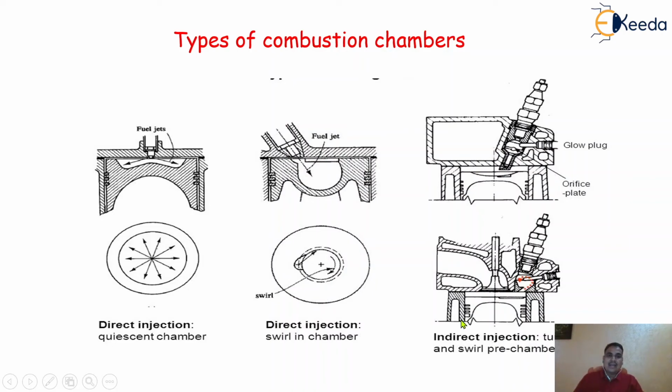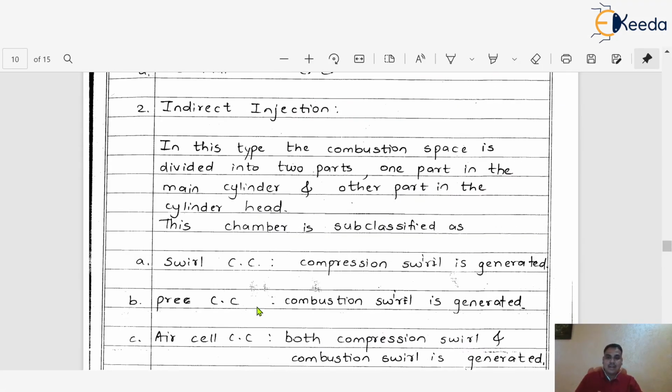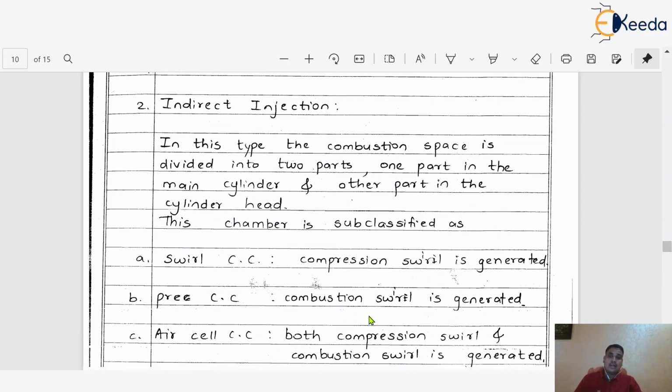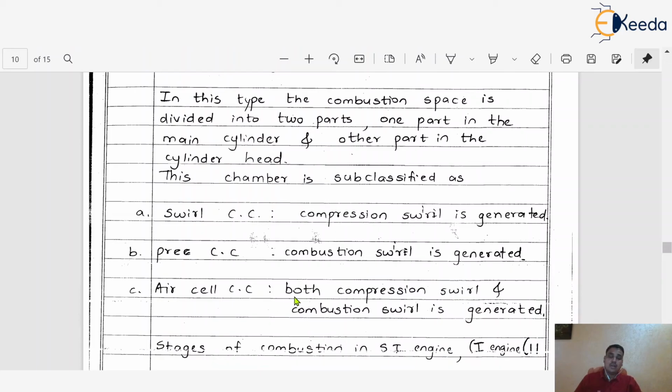Again, there are different types under this indirect combustion chamber. The swirl combustion chamber, where a compression swirl can be generated. The pre-combustion chamber, which is useful to generate the combustion swirl. Then the air cell combustion chamber, in which both the compression swirl and the combustion swirl can be generated.